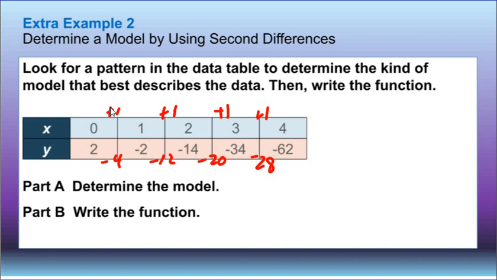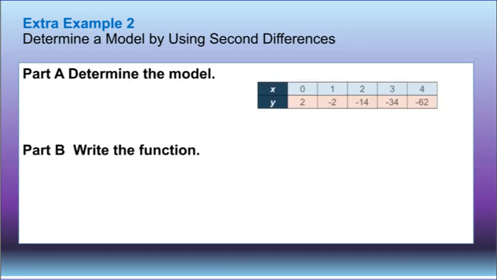Then if we find the second difference, here I'm subtracting 8. Here I'm subtracting 8. Here I'm subtracting 8. So we would have our second difference at -8. So we know that the second difference works. So this is a quadratic.